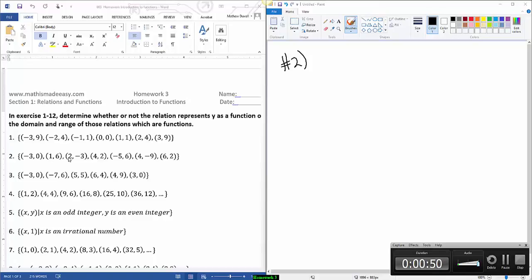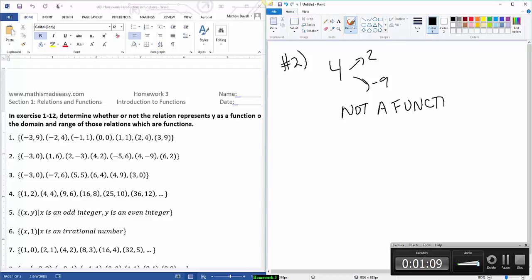I don't see another 1. 2 maps to -3. I don't see another. Oh, here we go. 4 maps to 2, and 4 maps to -9. So since 4 maps to both 2 and -9, it's not a function. So I don't have to write the domain and range.